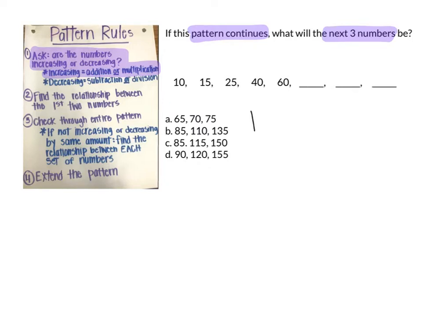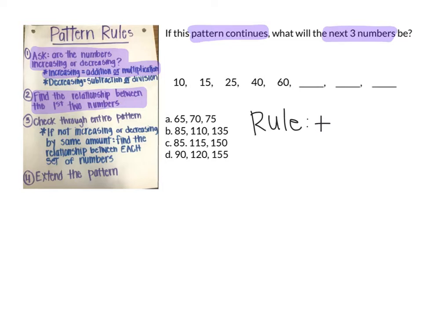So that kind of gives us the first part to our rule. We know that our number is increasing and that we're adding. So now let's go to step 2 and figure out what we're adding. So step 2 tells us to find the relationship between the first two numbers.